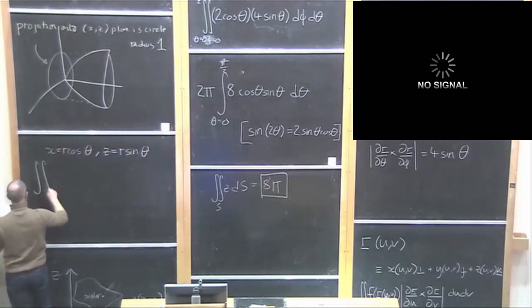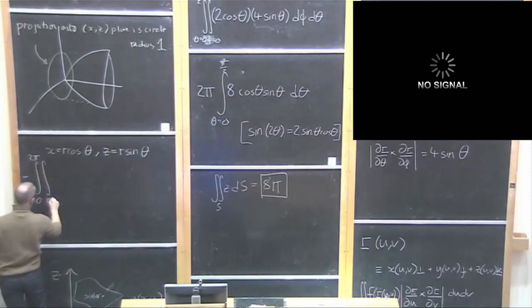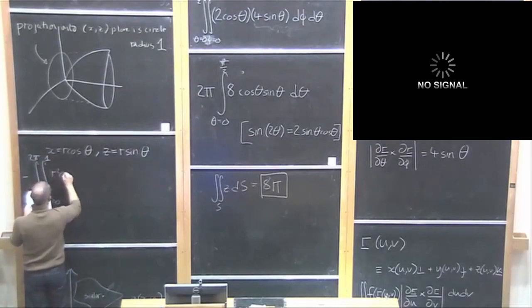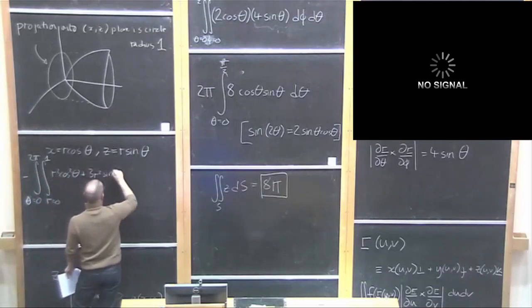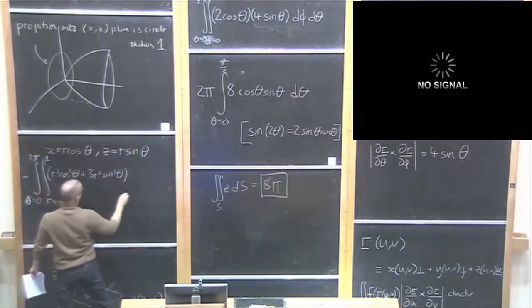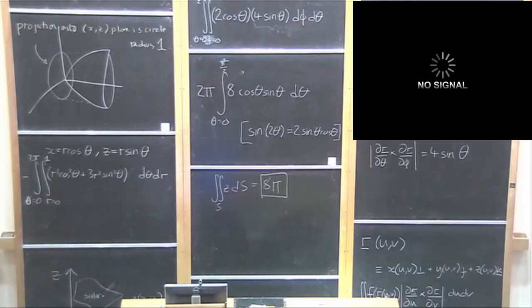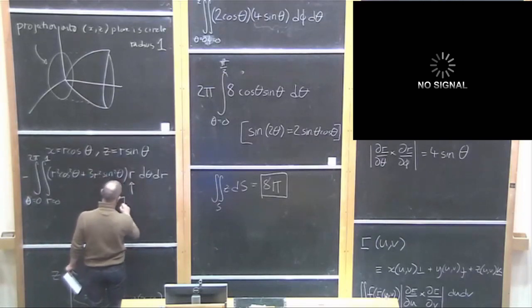If we substitute in, our integral becomes theta between 0 and 2 pi, r between 0 and 1, of r squared cos squared theta plus 3r squared sine squared theta, all with respect to theta and r. But then, of course, we've switched our variables from plane Cartesian to plane polar coordinates, so we need to add in our old friend the Jacobian here.